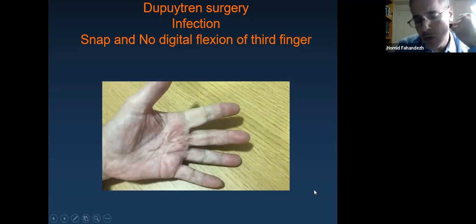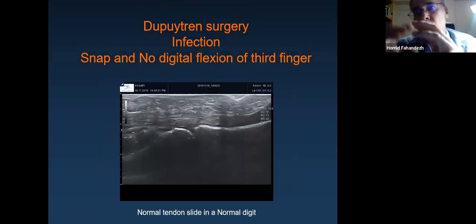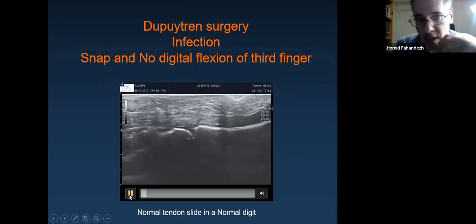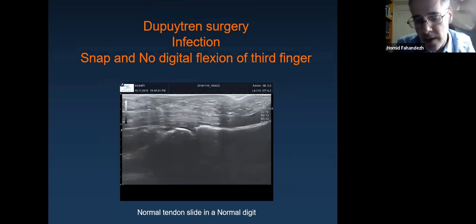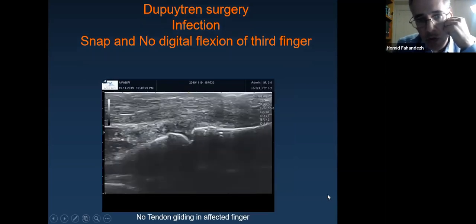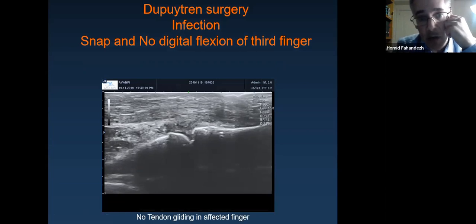So in this situation, you can think about a rupture, or you can also think of a lot of fibrosis around the tendon. So ultrasound in the same moment helps you to see the normal anatomy of a tendon, where you can see a very good gliding of the tendon inside the digital channel, and also helps you to check the mobility of the tendon inside of the pulleys.